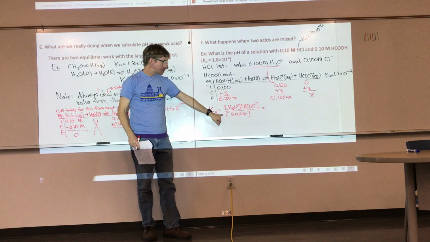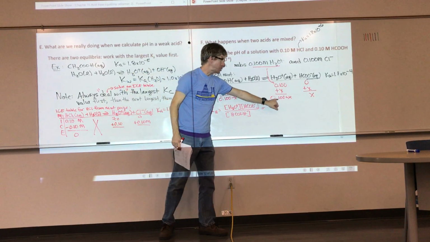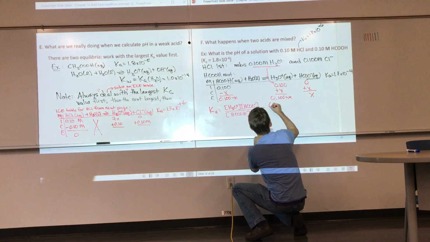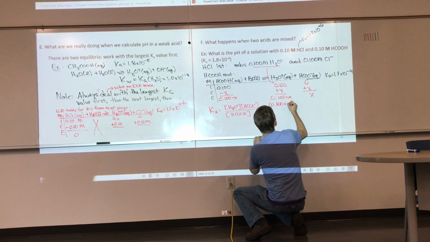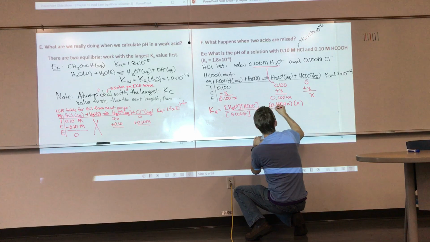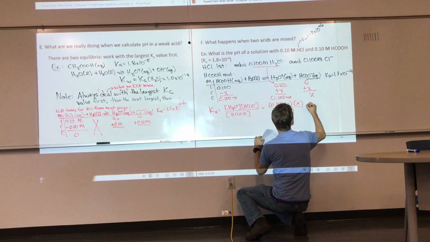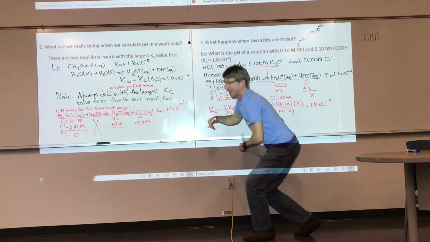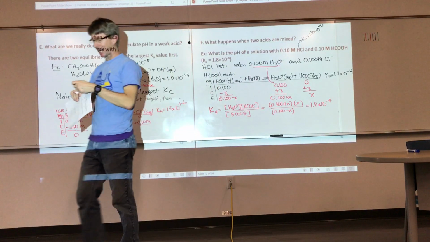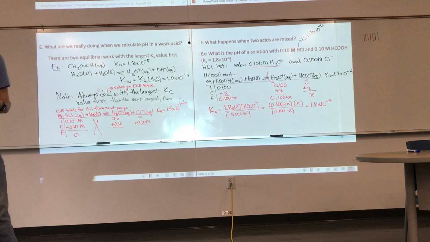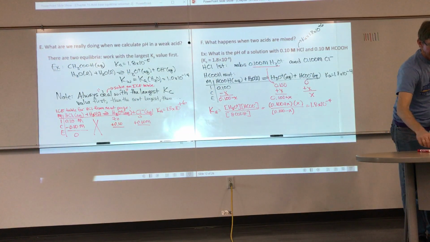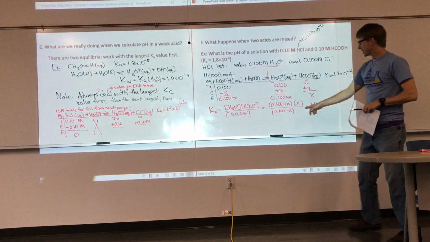I've written out the equilibrium constant expression. I will now write my equilibrium values on the top. And I will now, or I just did, write my Ka value. What I said is that we can assume that x is small.